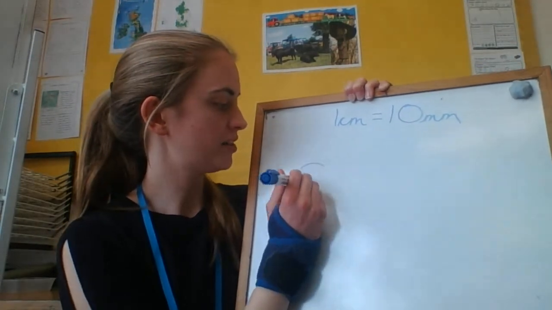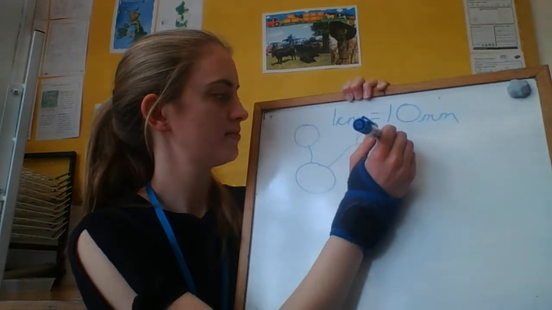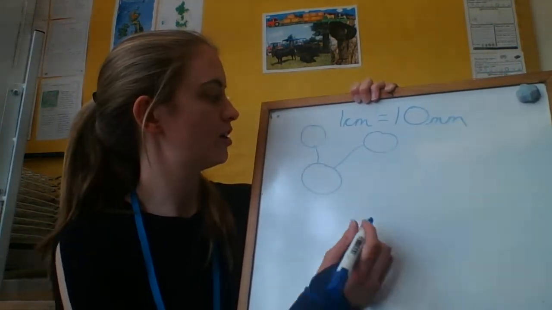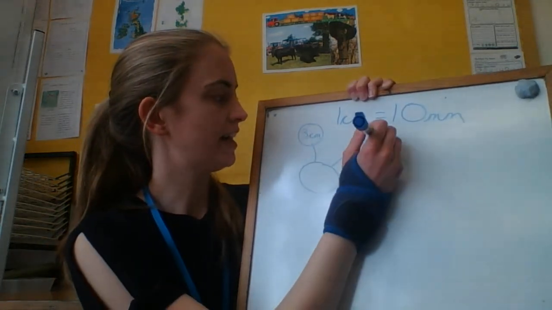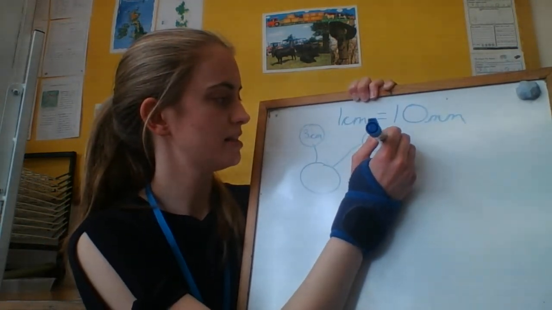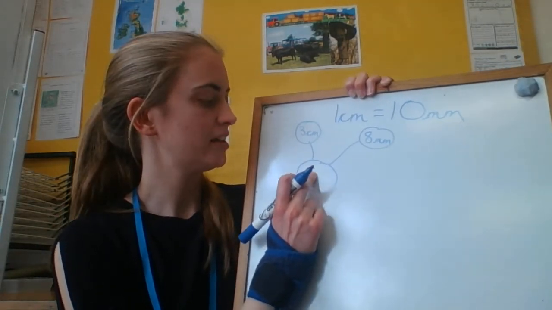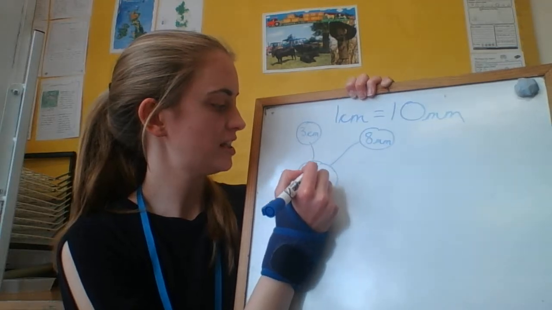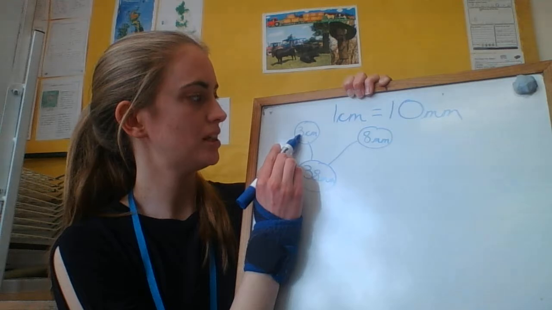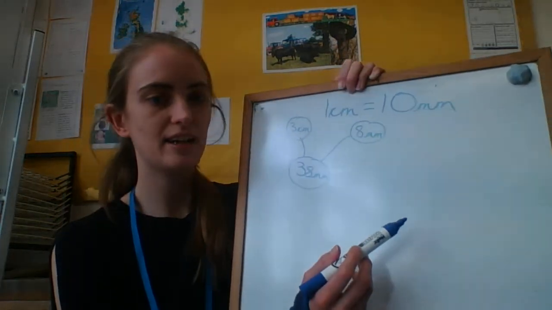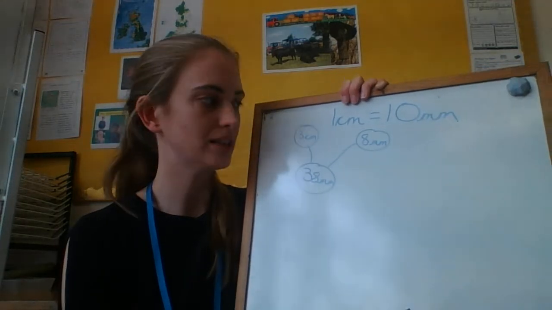So if I have a part-whole model, I'm going to draw it this way up this time, that looks like this, and I have got 3 centimetres and 8 millimetres, I know that all together that is 38 millimetres, because I've got 3 tens, 10, 20, 30 and 8 more millimetres.